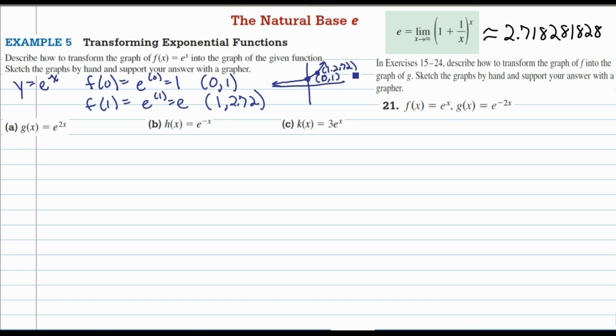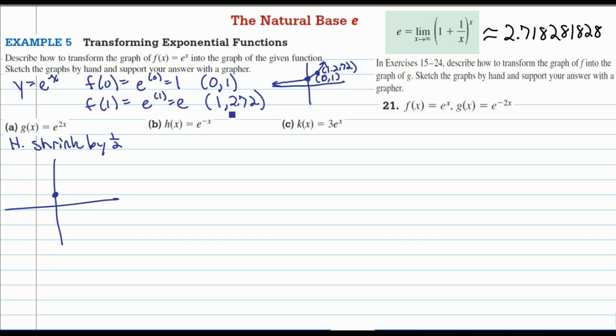So now part A has a 2 up in the exponent with the input. So if we multiply the input by 2, that's actually a horizontal shrink by 1/2. So all the x-coordinates of these two points that I found are now going to be multiplied by 1/2. (0, 1) will stay there.